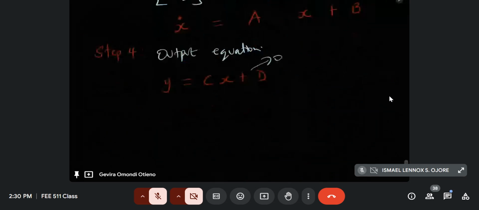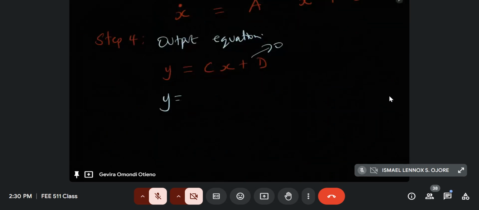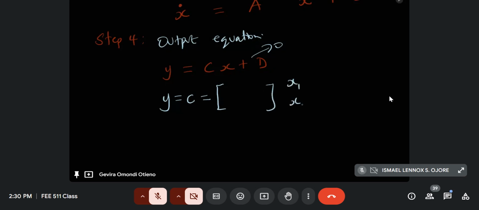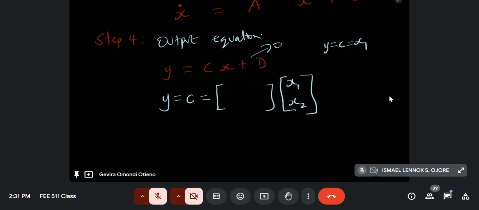So you can actually just write that Y, which we have just said is the same as C, should be equal to a matrix, but you also have X1 and X2 because we have to write it in state variable form. So you need a matrix there, and then you have X1, X2. Of course, we don't have a D because we just said Y equals C, which is equal to X1.